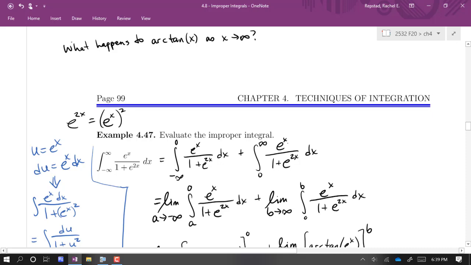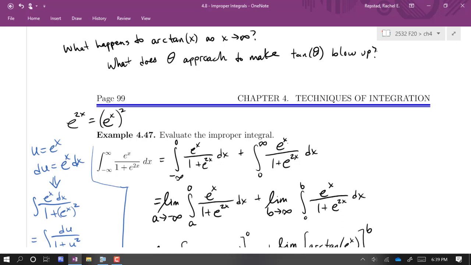So if I'm thinking about arctan of infinity or arctan of something approaching infinity, what I'm really doing is trying to figure out what does, let's say I'll call it theta, approach to make tan theta blow up, right? Get huge. Because that's what we're saying when we talk about arctan of infinity. We're saying that the tangent function is blowing up, and we want to know what angle makes that happen.